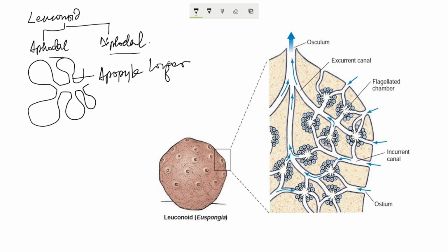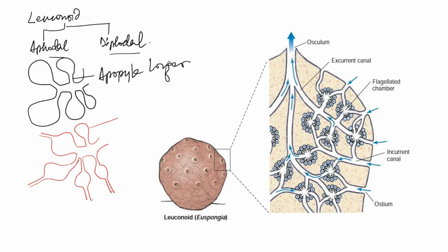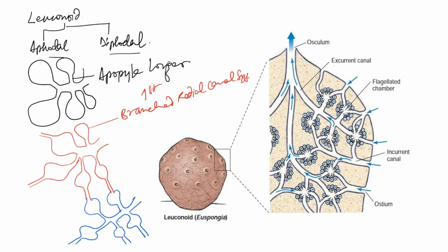And in case of diplodal, what happens is, so this is your first branched radial canal system. The first branched radial canal system is attached to the second branched radial canal system with the help of this, your prosopyle.